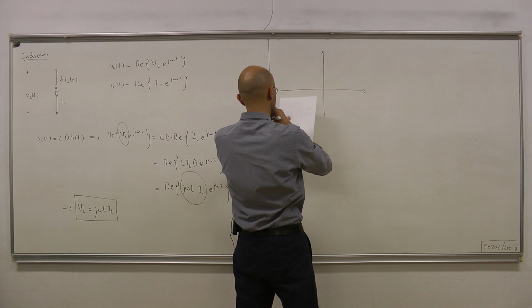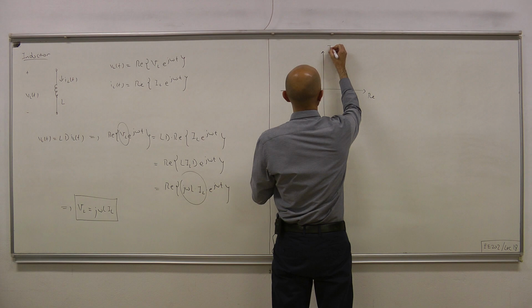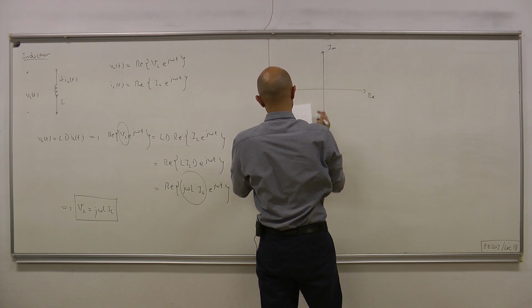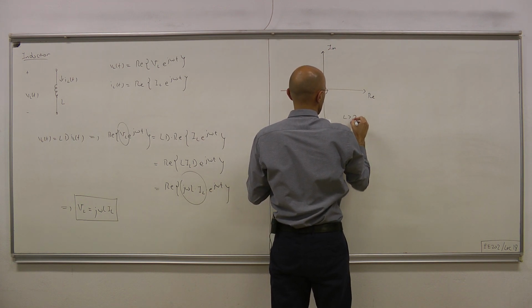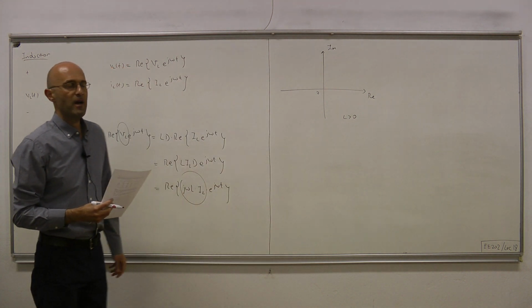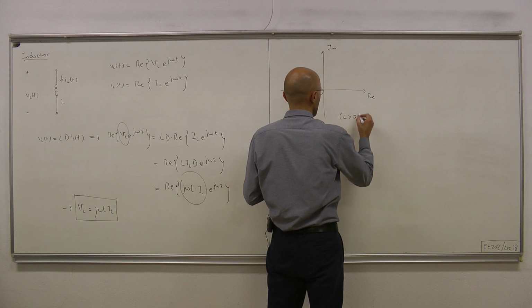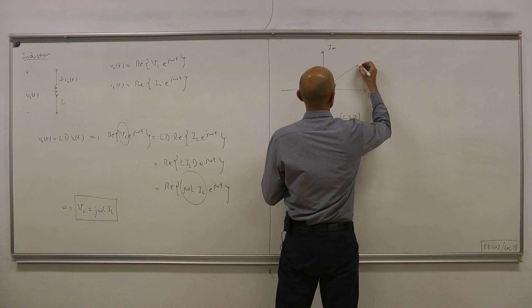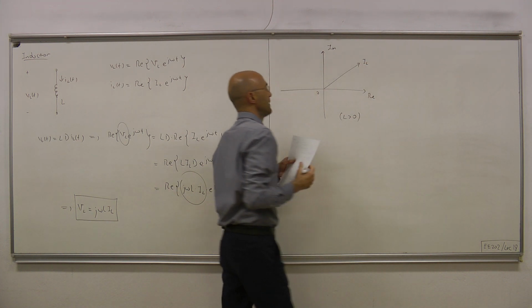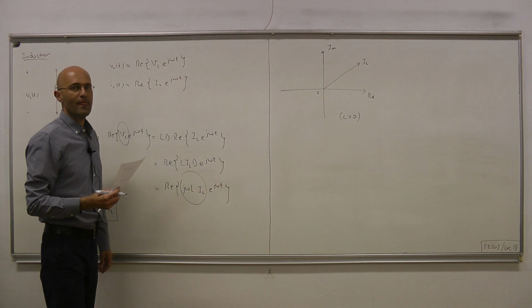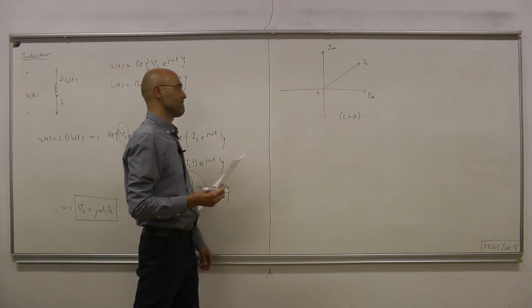Suppose this is our complex plane, real, imaginary. And suppose that we're dealing with a passive inductor. L is positive. Okay. So, let us represent our current phasor, IL.